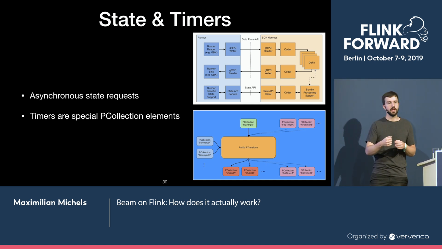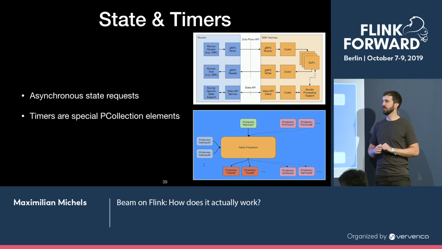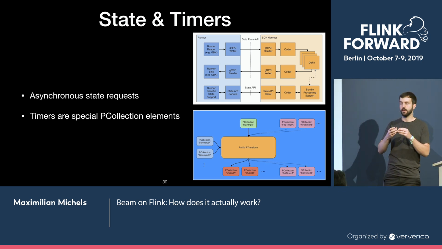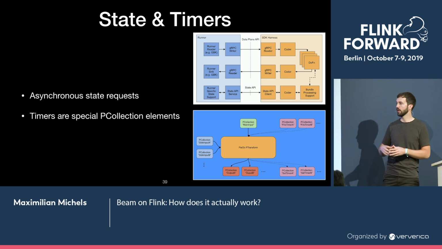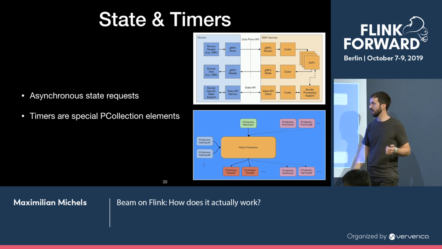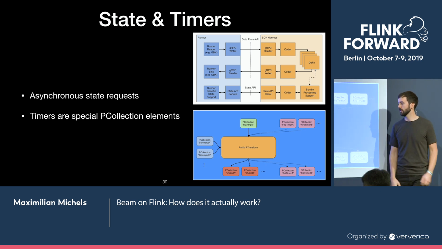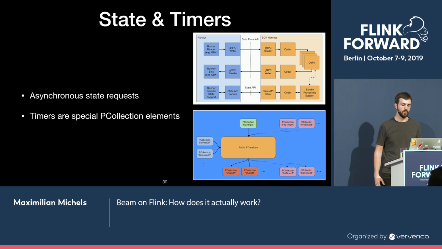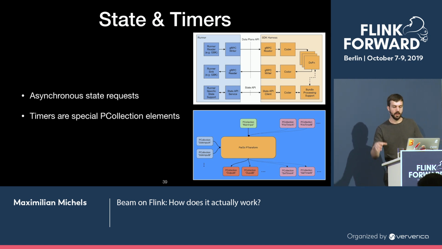So whenever we set a timer, we output an element to ourselves, which we then receive, and we can set a timer inside the Flink executable stage operator that receives all the input and sends everything to the SDK. And when the timer fires, we emit again to a special PCollection. So we have one for setting, one for firing, which is pretty interesting. It avoids blocking every time when you set a timer, because you would need to tell it to the runner, right? So we just emit it as part of a normal element.